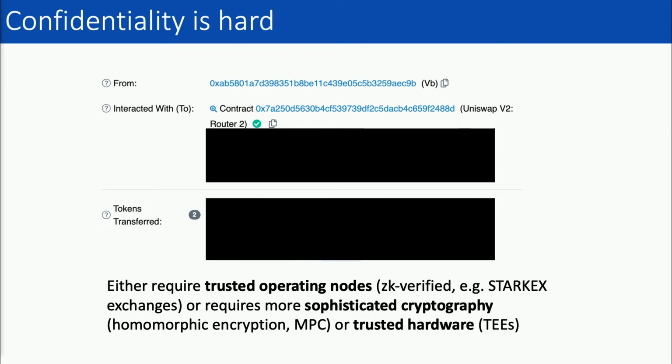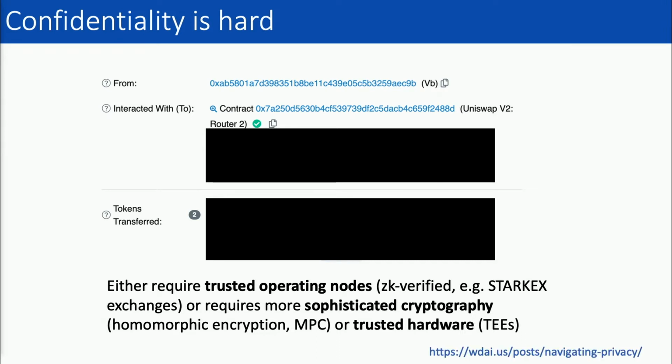Because we want to do computation on shared state in smart contracts, we either require a trusted third party to run computation off-chain in zero knowledge, or more complicated techniques like homomorphic encryption or MPC, or trusted hardware to do this. So for this talk, I'm not going to be talking about confidentiality. I'm purely going to be talking about how to get anonymity for Ethereum applications.